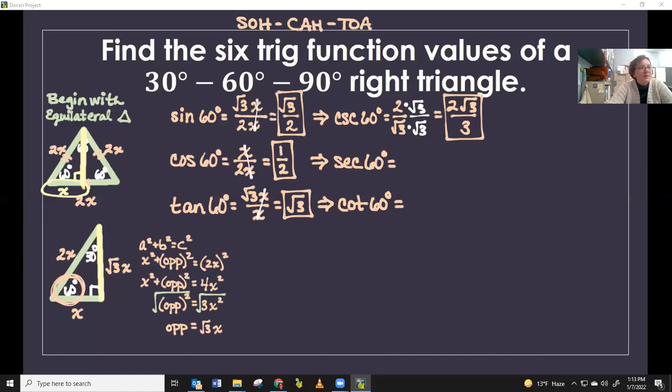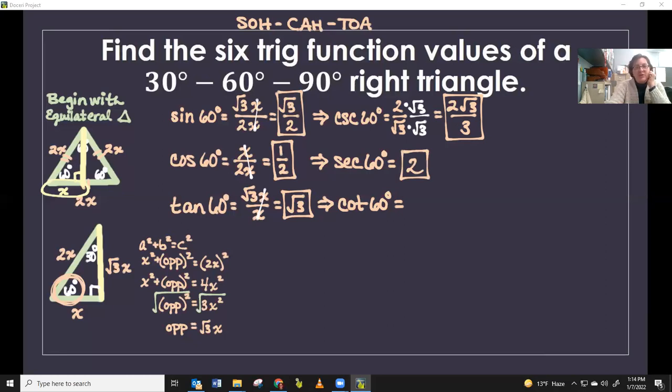Secant of 60 degrees. What are we going to have? What is the secant of 60 degrees? 2. The reciprocal of 1/2.